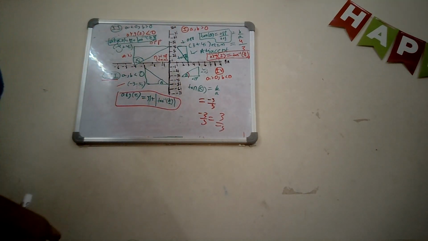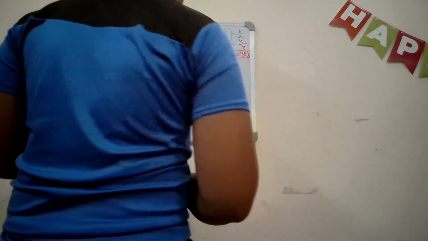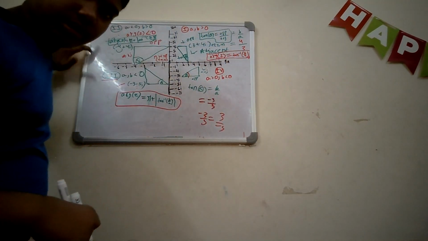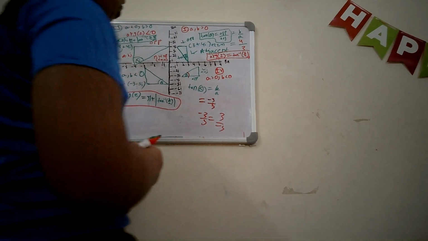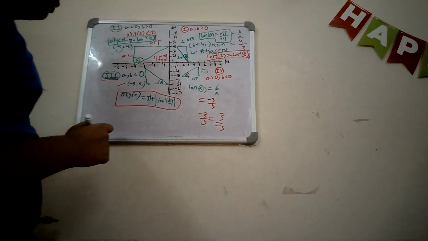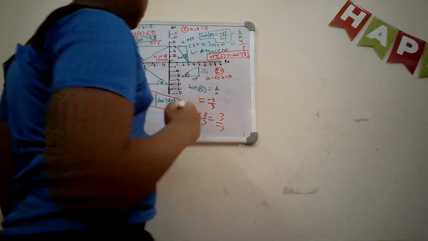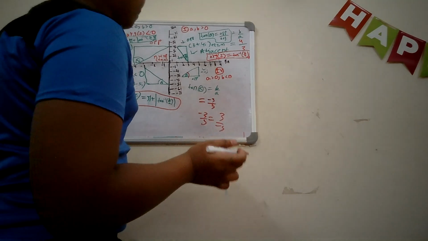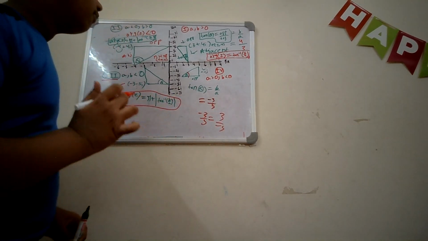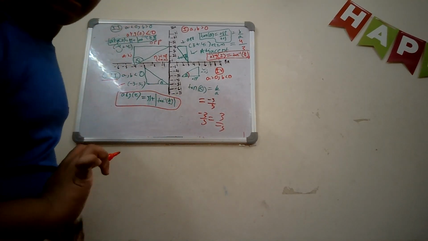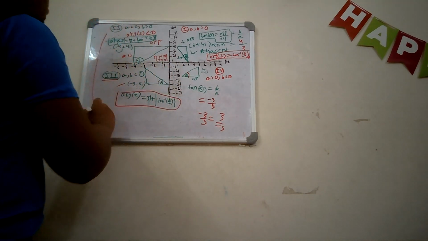If you had to find the argument of negative 5 plus 3i, we'll just plug in the formula for quadrant 2.